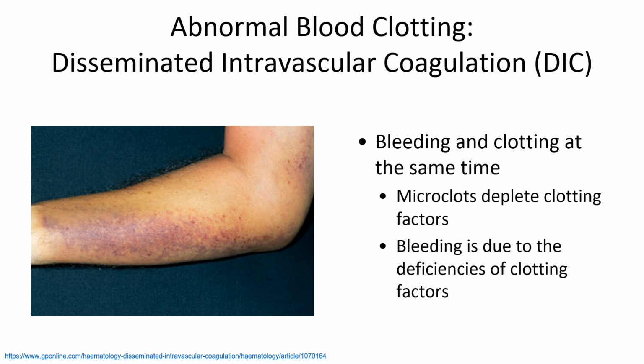One really interesting and, if I can have a favorite clotting disorder, this is it. So abnormal blood clotting: disseminated intravascular coagulation. If you think about that, disseminated, what does that mean?